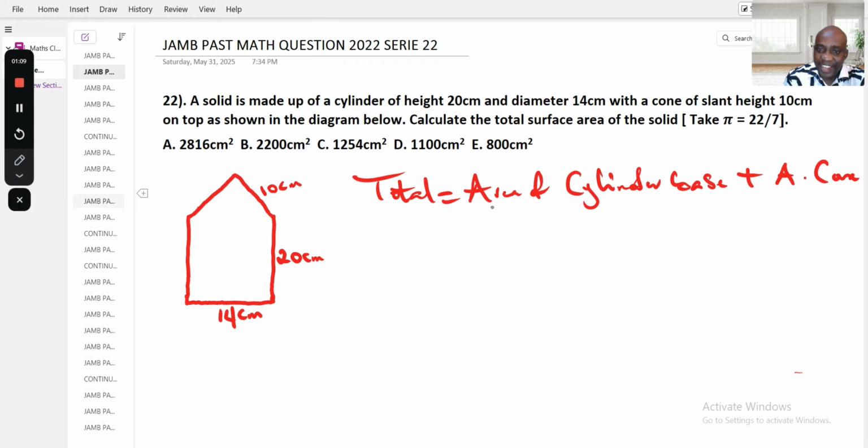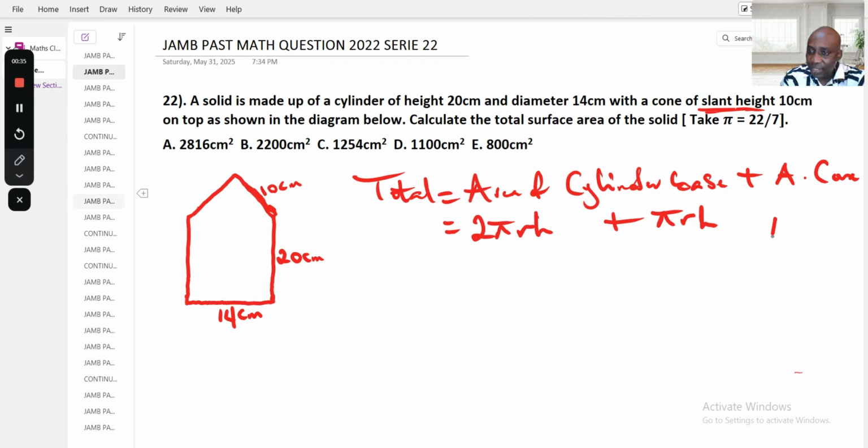Now, what is the area of our cylinder base? It is 2 pi r h. The area of a cone is pi r l. This L represents the slant height, 10 centimeters, that has been given to us at the top of the solid.